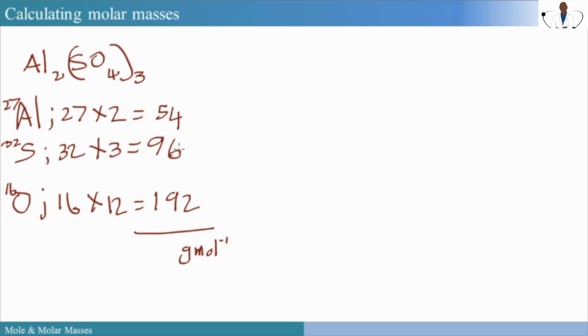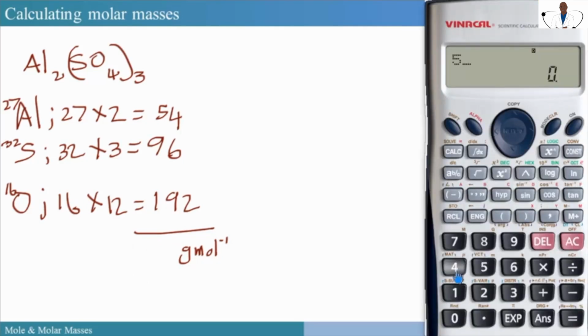Then we're going to sum these values to get the molar mass of this particular compound. So we would say 54 plus 96 plus 192. And that is equal to 342.